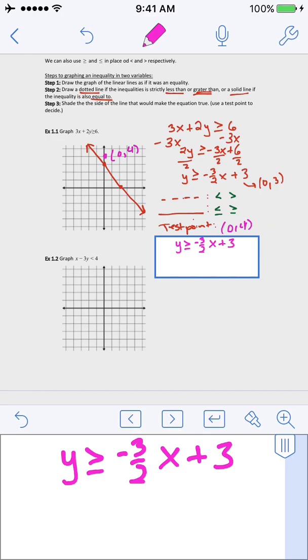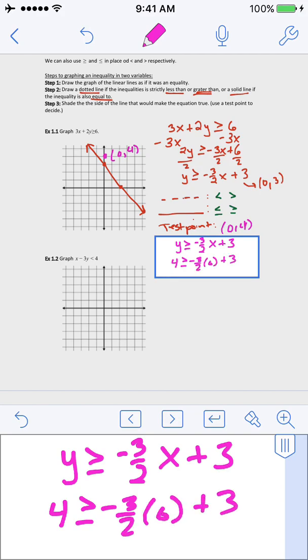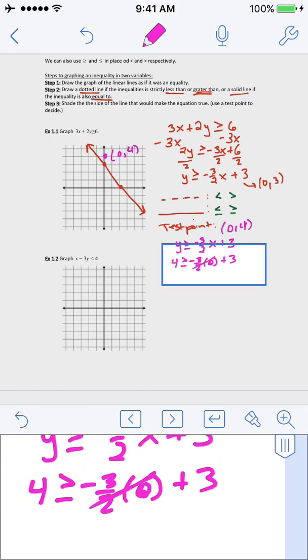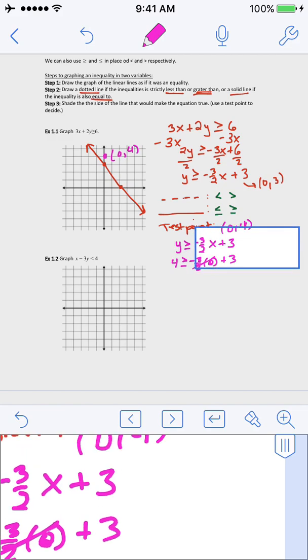Let's see if that actually happens. So 4 is greater than negative 2/3 times 0 plus 3. And there's a reason I chose this point, is because I wanted 0 to cancel with this stuff. That's not vital at all. It's definitely not necessary. But if I go over here, I get that 4 is greater than or equal to 3. Is that a true statement? Is 4 greater than or equal to 3? Yes, that is true, right?